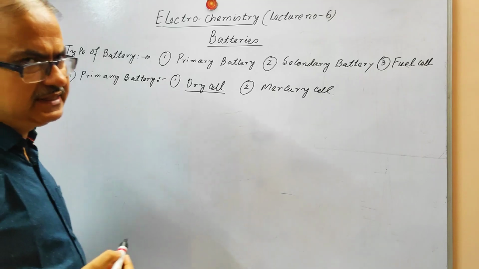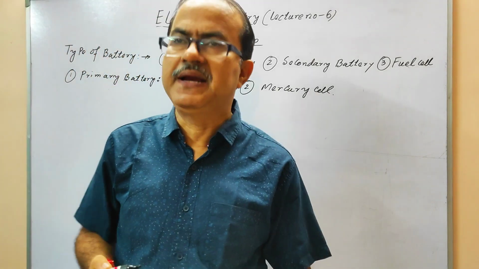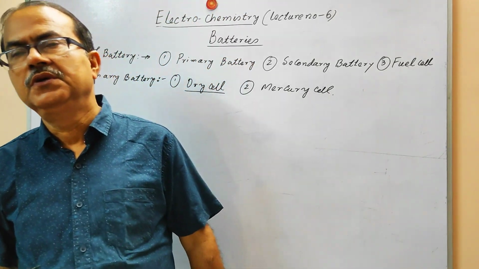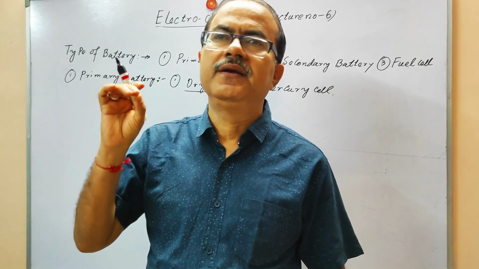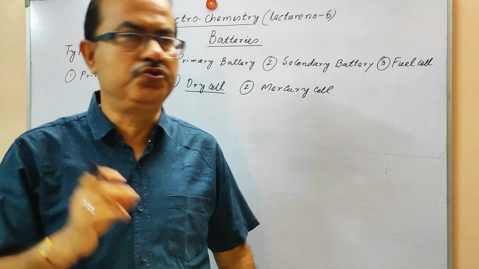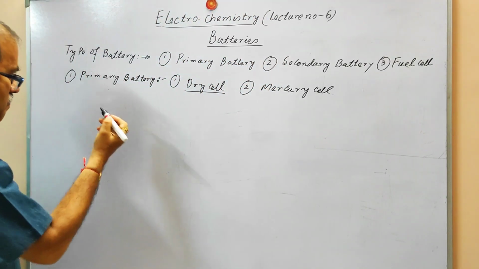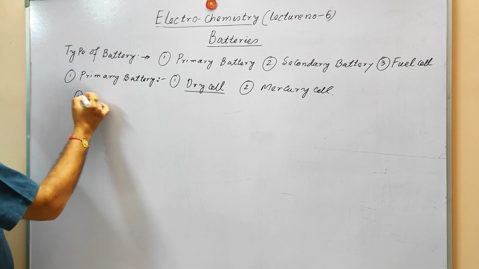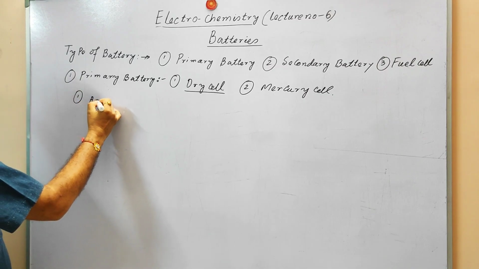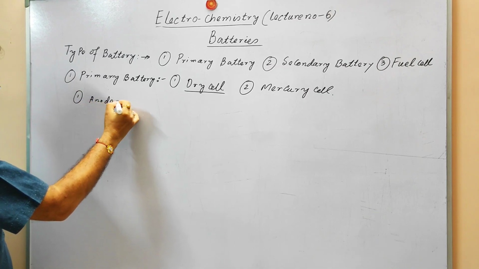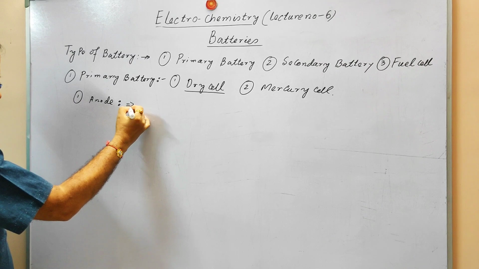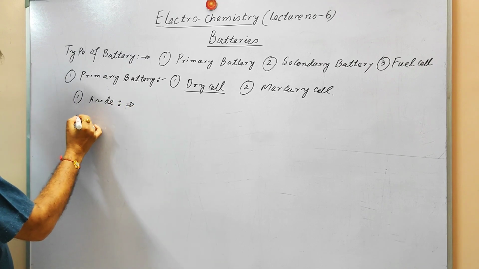Every cell, or you can say every battery, has three components, three constituents. The first constituent is the anode. The second constituent is the cathode.